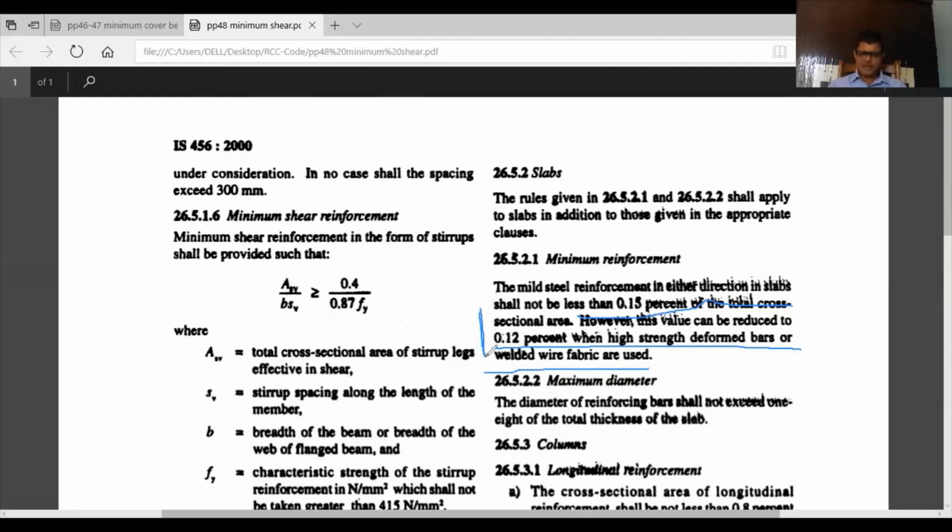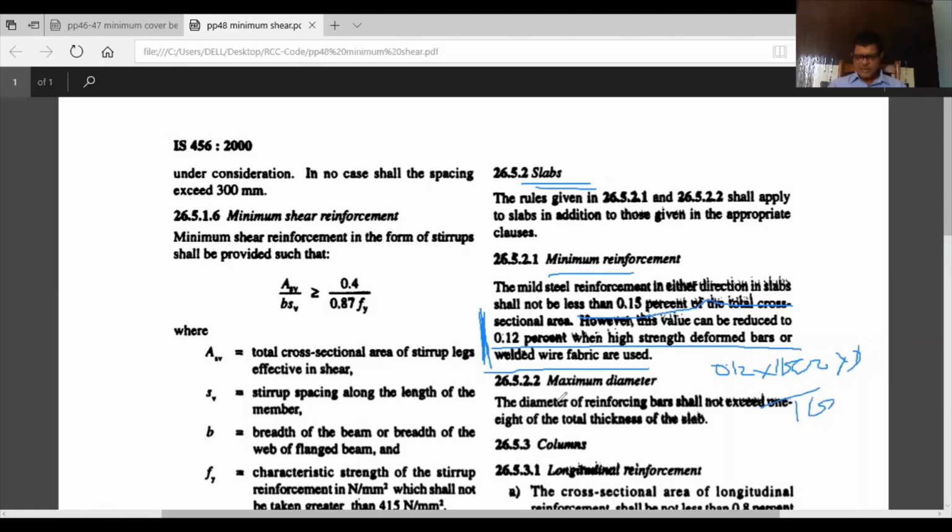So you are using HYSD bars. So the minimum reinforcement in slabs is equal to 0.12% of the gross area. So 0.12 into b equal to 1000 into your depth of slab, percentage means divided by 100. So this is the area required.